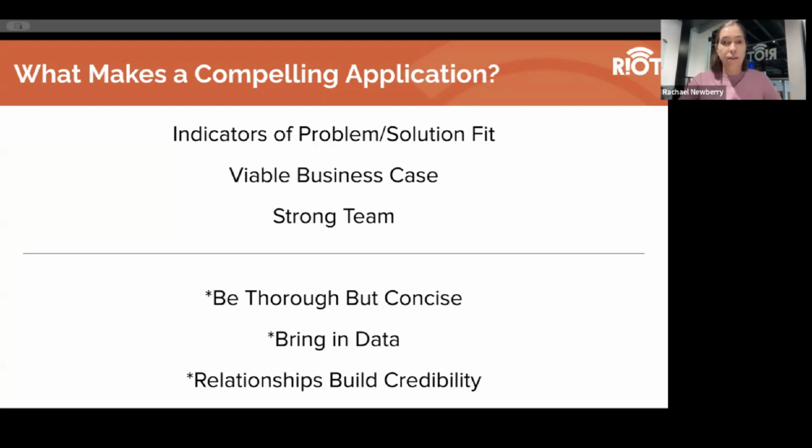And then we're looking at the team. Does the team have relevant experience and expertise? Why is this the right team to execute on this particular venture? Is the team coachable? That is really one aspect that we look for a lot in our startup founders: do they have a certain level of self-awareness and a willingness to learn and an adaptability that indicates that they will get a lot out of a program like this?